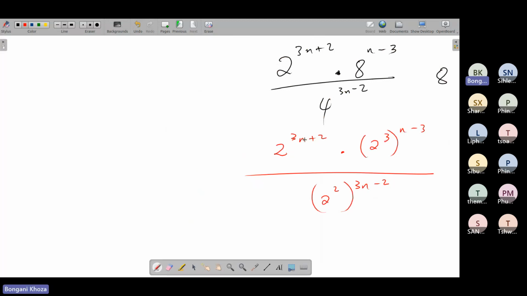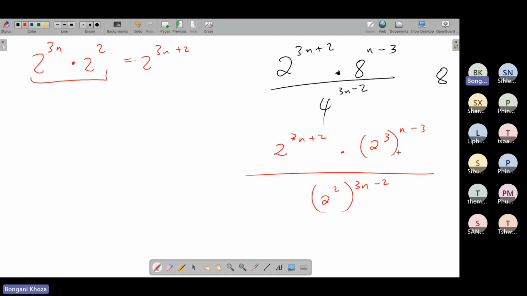So remember, this is saying that I had 2 bases that were the same, that were multiplied, like that. So when we multiplied them, we added the exponents. So this ends up being 3n plus 2. So this is what we have. So that means we can rewrite this as that.